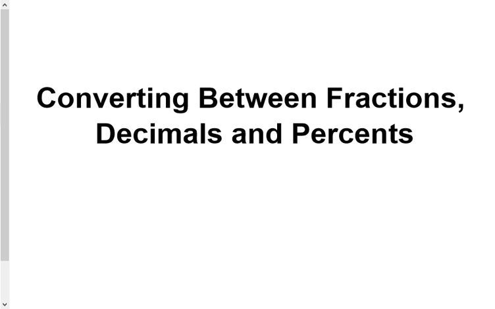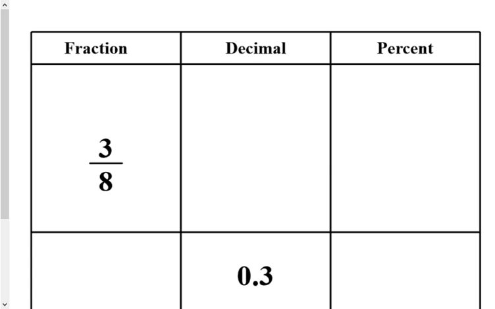So let's think about this just for a minute. If I give you a fraction of 3/8 and ask you to change it to a decimal, we already know how to do this. So this part's going to be a review. We can do 3 divided by 8. And when we work that out, remember we have to annex a decimal and a 0.